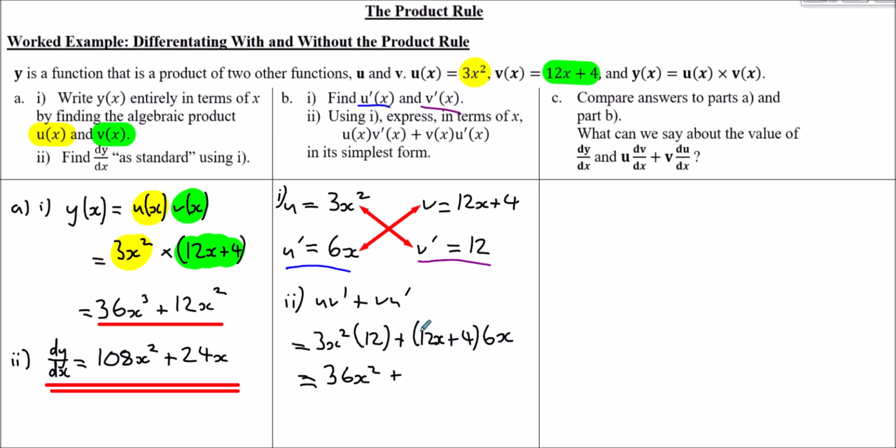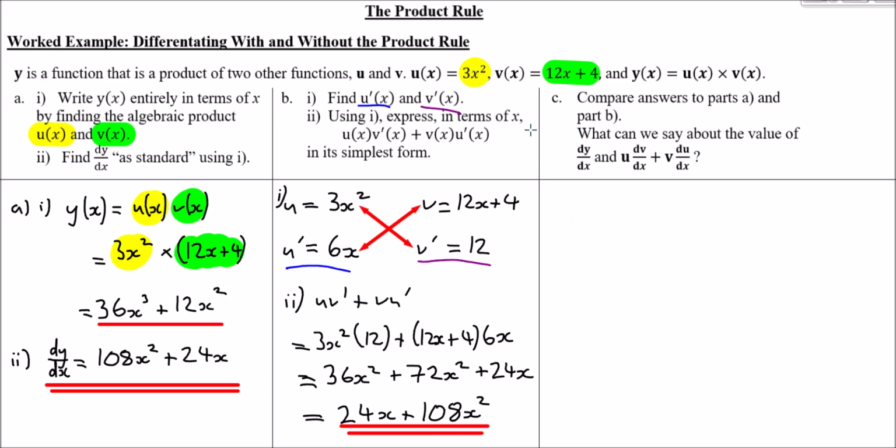Well, 6 multiplied by 12 gives us 72. x times x is, of course, x squared. And then 6x multiplied by 4 gives us 24x. Then simplifying both bits, we've got 24x, and 36x squared plus 72x squared in total gives us 108x squared. So that's B part 2 complete.